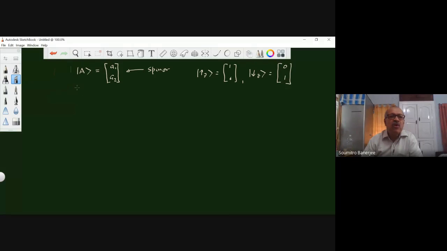So we now go to the operators in spin. What would you like to observe? For example, using the Stern-Gerlach apparatus oriented in the z direction, we are trying to observe the spin in the z direction. Therefore, the spin in the z direction is an observable, and as with all observables, there has to be an operator related to the spin observation in the z direction.